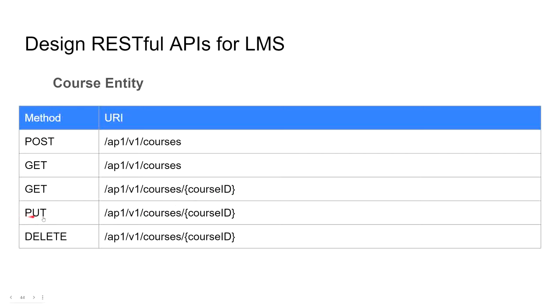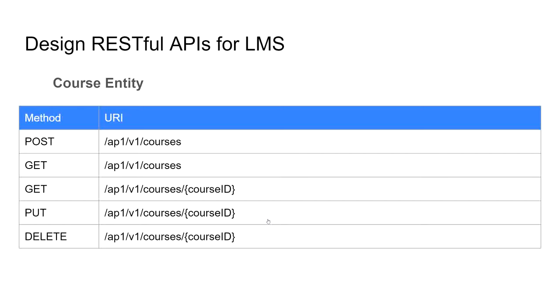Then for put, you want to update a course, then there could be delete, you want to delete a course. So basically you would also have a patch. Let's say you want to change just a particular field, like the course title, then you would also provide support for patch.